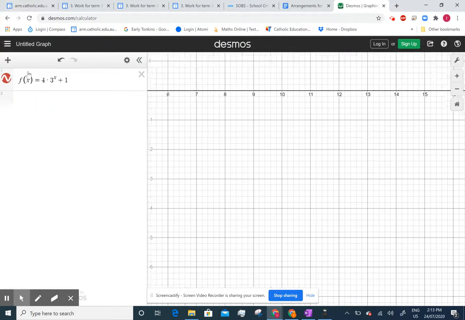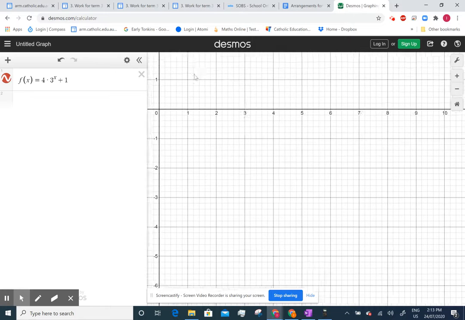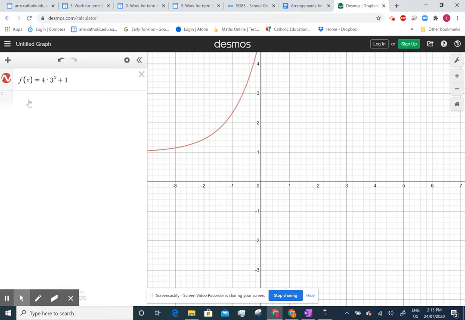Now we've done that, let's go y equals f of negative x. And there it is. There's one we did before.